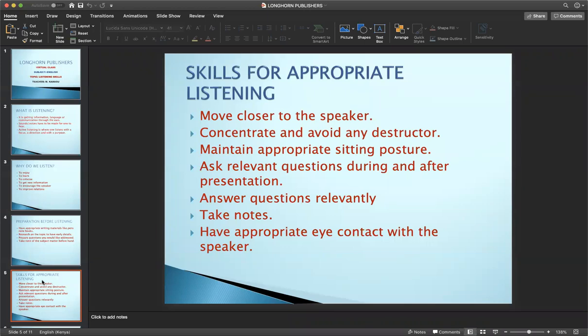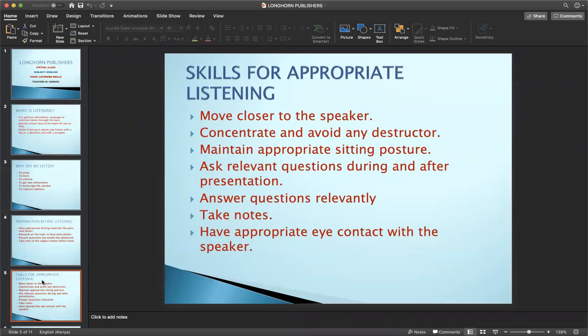Why do we always have to have that appropriate eye contact with the speaker? It's because the speaker will speak some things without necessarily saying them. That is through gestures, through facial expressions, through such.